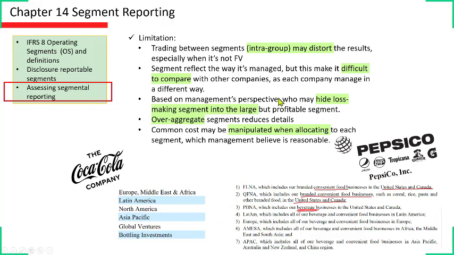And then management might add a loss-making segment into a large but profitable segment. So that means they can hide certain bad performance in a good performance but bigger segment. So they can hide the garbage, right? And over-aggregated segments reduce details.